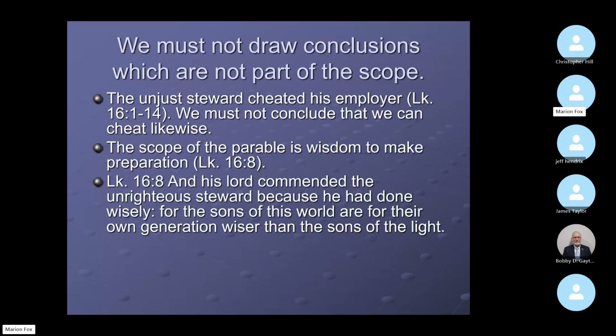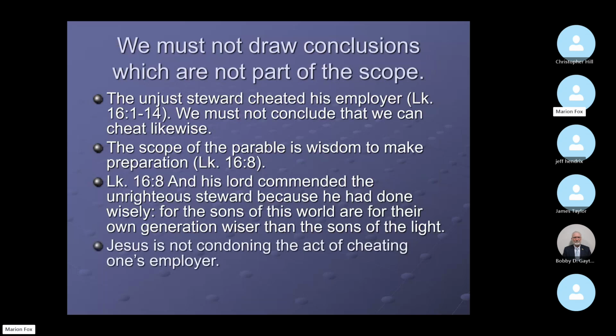I think he's talking about preparation for serving God and going to heaven. But that's something we need to look at more carefully. Jesus is not condoning the act of cheating one's employer, so that would be a wrong interpretation of the passage of Scripture.